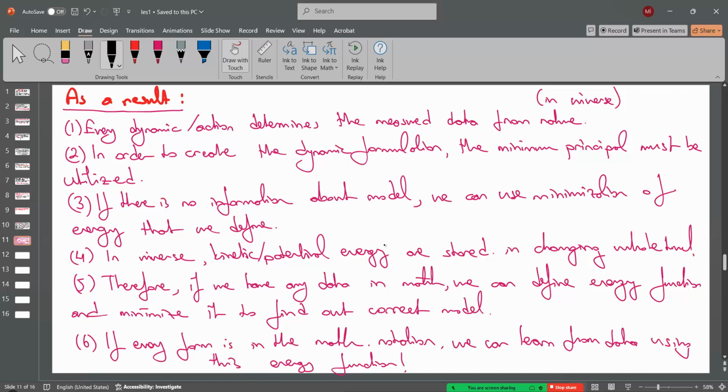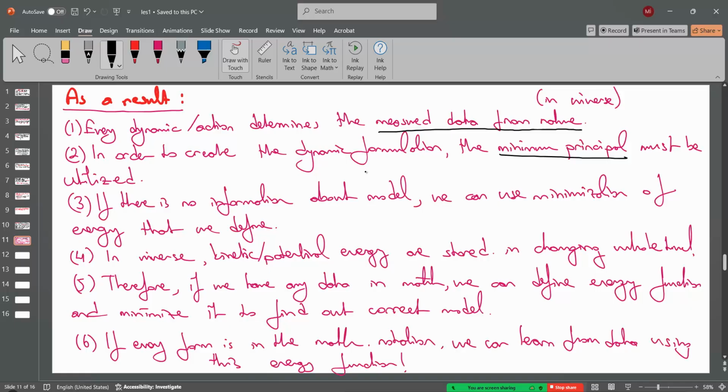Okay, and so in the first place we need to summarize the whole process. We must utilize the measured data from nature in the first place. In the second place, in order to create a dynamic formulation, the minimum principle must be utilized, or this dynamic formulation must obey the rules of the minimum principle.